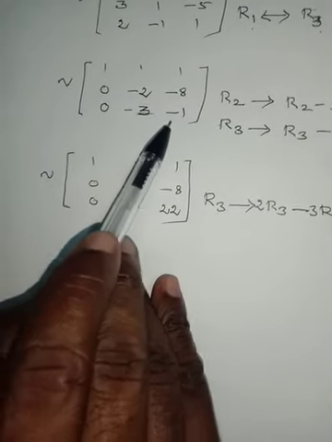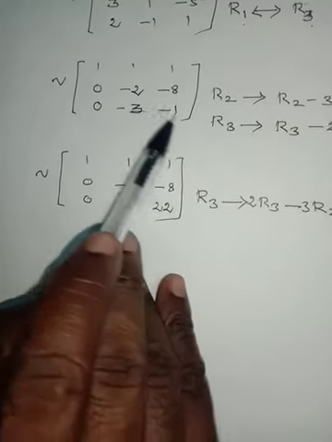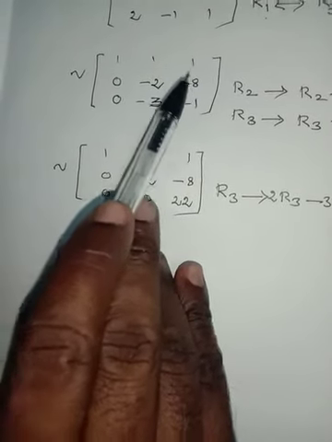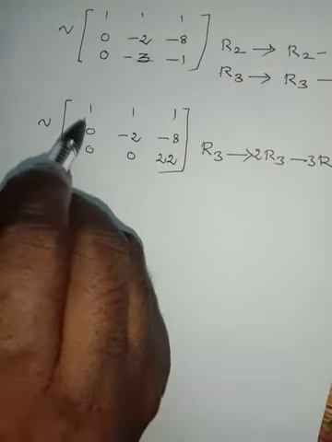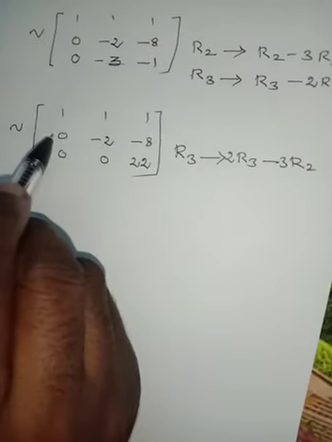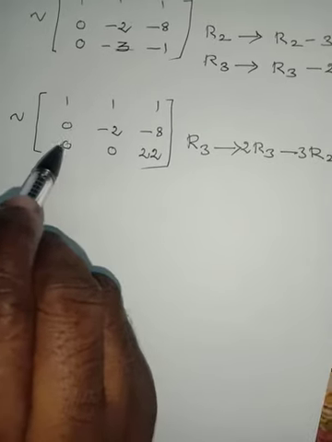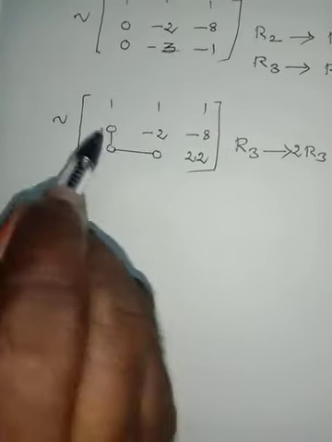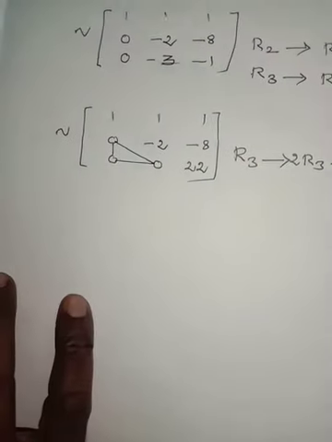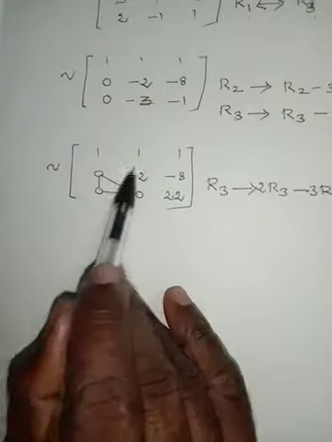Here multiplied by 2, minus 2, minus of minus plus 24 is 22. Okay, now the A11 index will be 1, and A21, A31, A32 will be 0. The second rule is over.